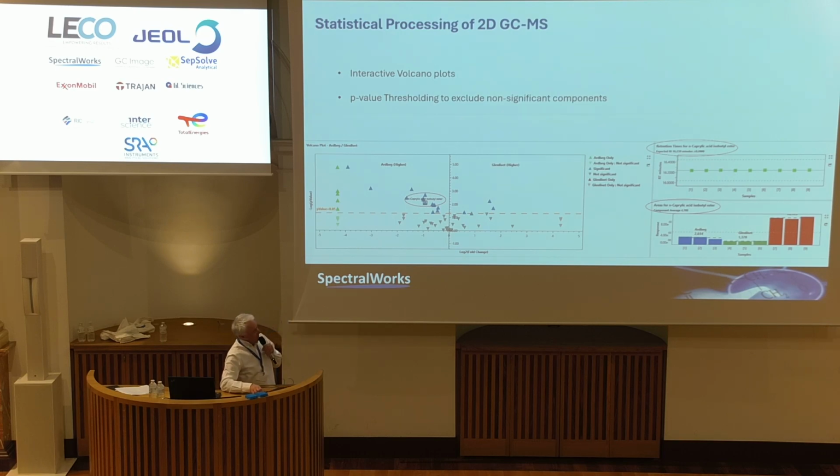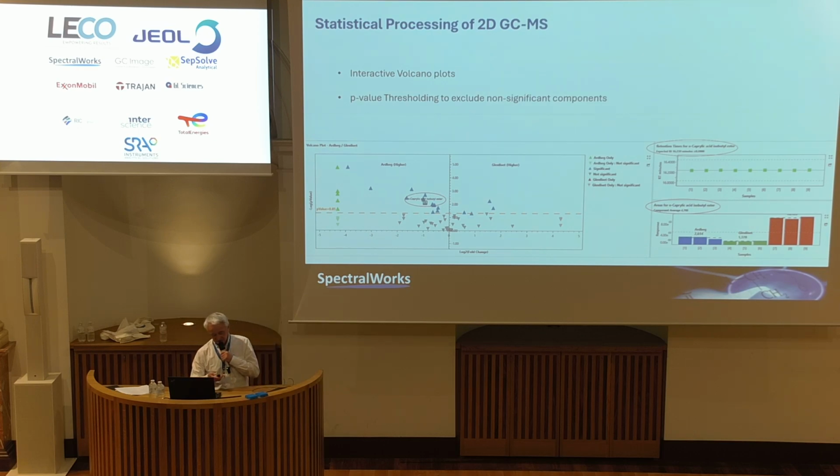And then that will just leave you with ones that are unique to each one and ones that are significantly different between all of them. And again, depending on what you look at, you can see that you've got very much higher levels in the third category of the open sample.